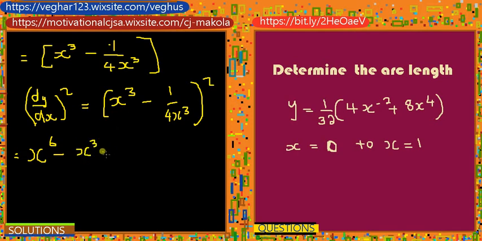multiplied by -1 over 4x cubed, multiplied by this 2, and then for this one you square it as well.